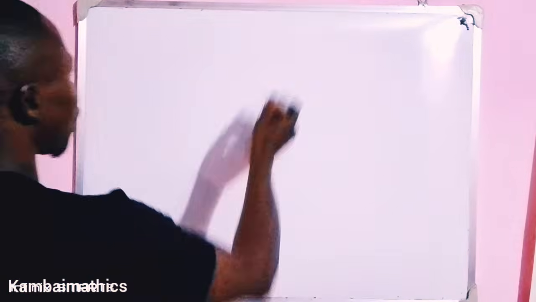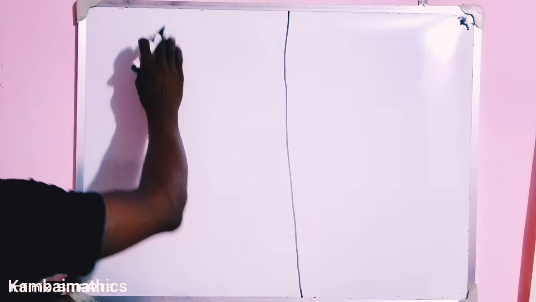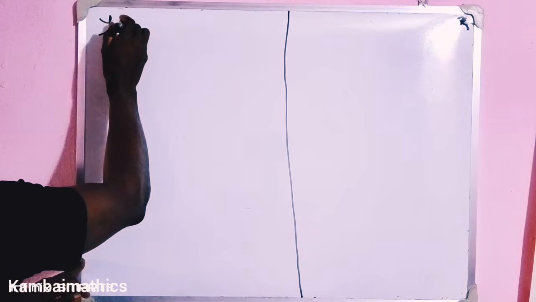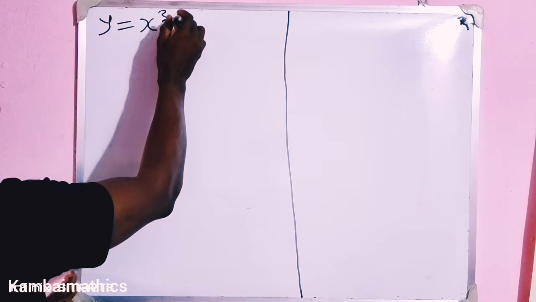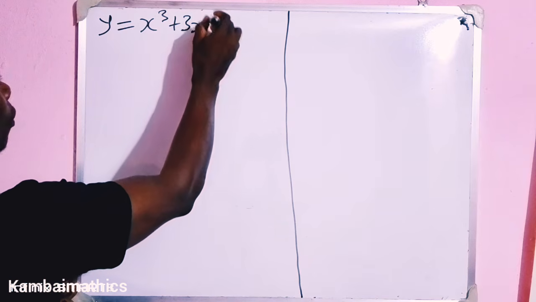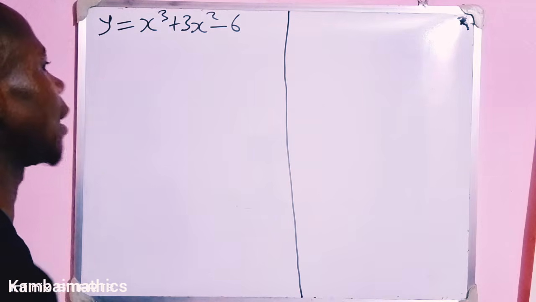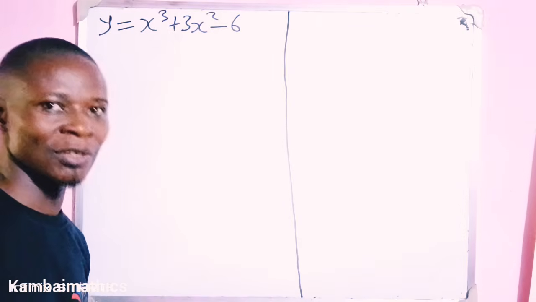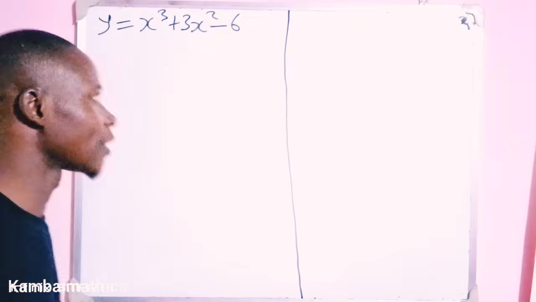With the general form, let's have a polynomial, y is equal to x raised to the power of 3 plus 3x raised to the power of 2 minus 6. So let's say we have a question like this, which is one of the simplest forms of differentiating y with respect to x using the general form.